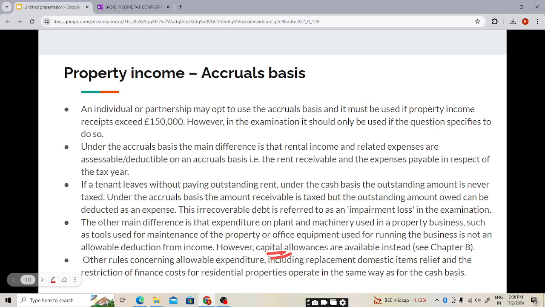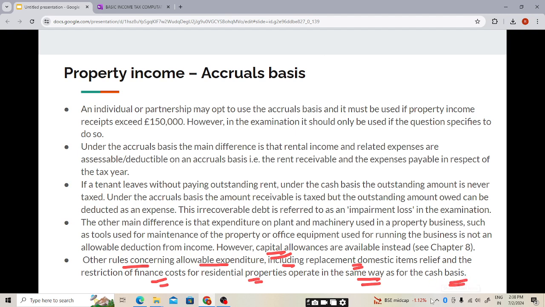Other rules, like the finance cost, how do they apply? Other rules concerning allowed deductions, revenue and capital expenditure, are the same, including replacement domestic relief. The replacement domestic relief is also the same for accrual basis, and the restriction of finance costs for residential property operates in the same way as cash basis.